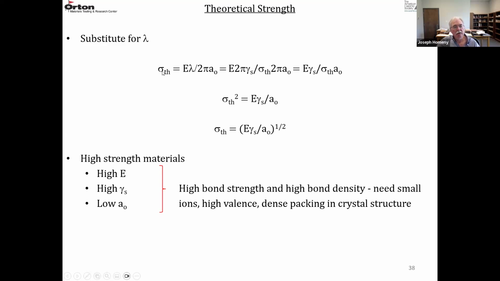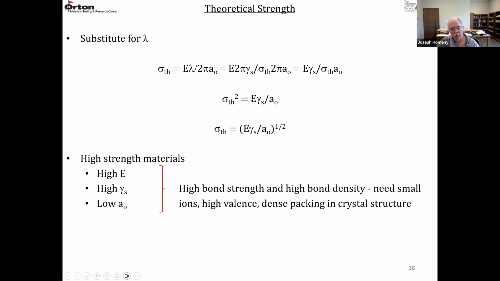And when we do that, the theoretical strength equals E lambda over 2 pi A0, putting in the expression for lambda. We end up with this, the 2's cancel and the pi's cancel. So it's just E gamma S over the theoretical strength divided by A0. So the theoretical strength squared equals the elastic modulus times the fracture energy divided by A0.